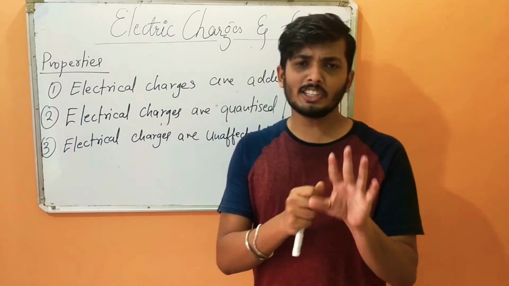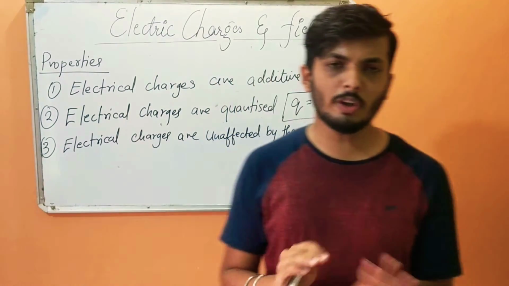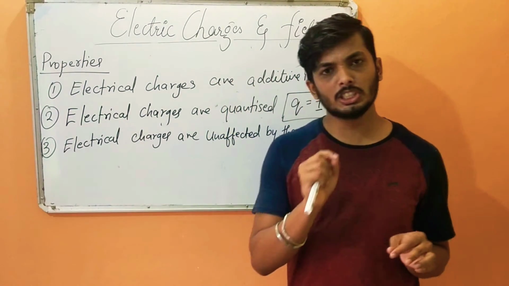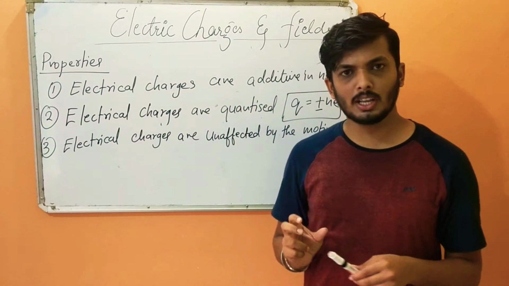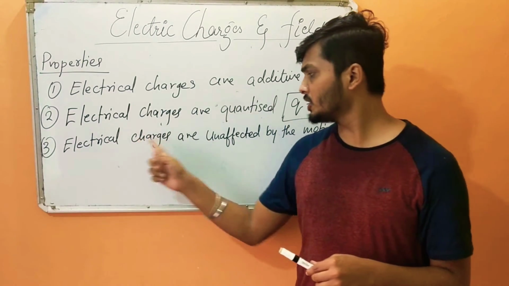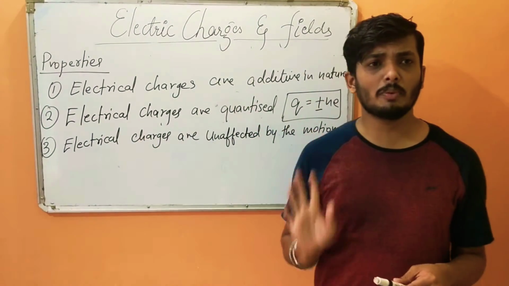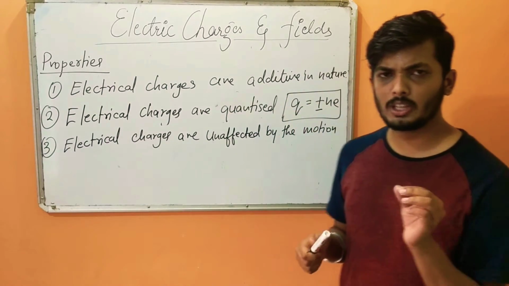So you accelerate a charge with any extremely high speed or lower speed, there will be no change in the charge of the body. Whenever you accelerate any charged particle, you will always get the same charge. So electric charges are always unaffected by the motion, irrespective of whatever speed you are giving that charge.